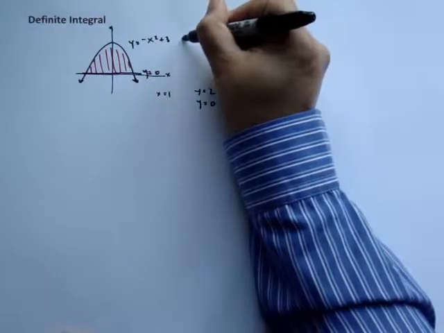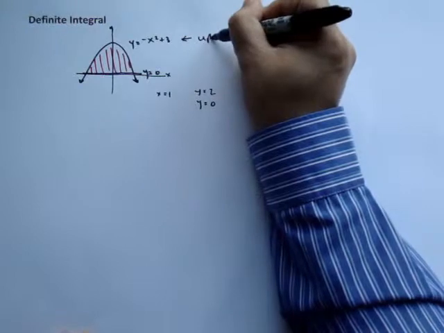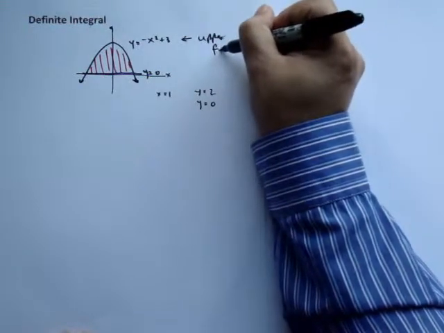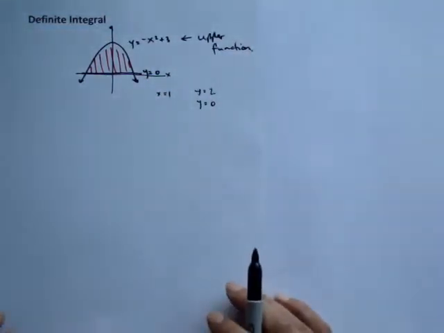So this, from our calculation here, is the upper function. So say we can't draw it, we would have to calculate it that way.